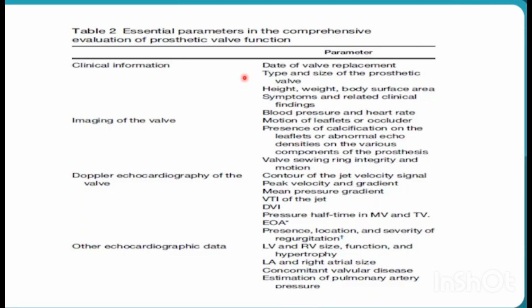So the next is whether there is any calcification on the leaflet and any abnormal echo densities like thrombus, vegetation, pannus. This can be seen using just the screening echo, as well as whether there is any valve dehiscence. Dehiscence refers to the separation of the valve's sewing ring from the native annulus.